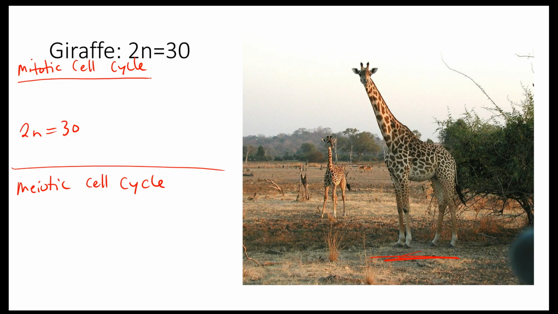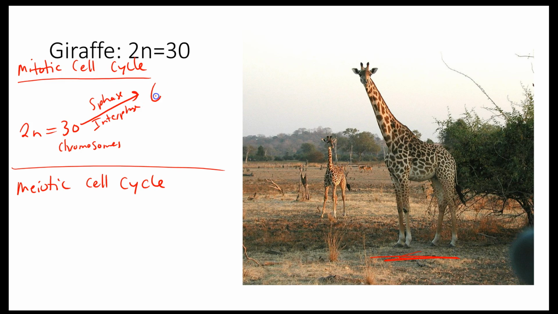So here's how we think about it in our class. If you have 30 chromosomes, you need to duplicate in S phase of interphase. You need to duplicate your genetic material because if you're going to go on to become two cells, you're going to want to have enough genetic material to have two full complements in those daughter cells.